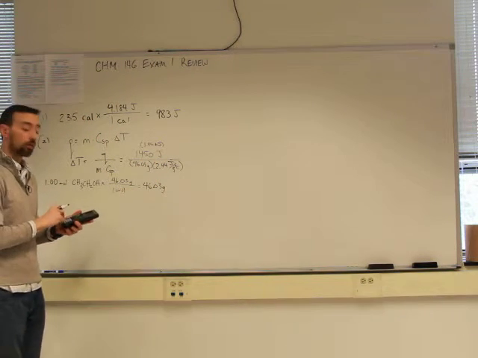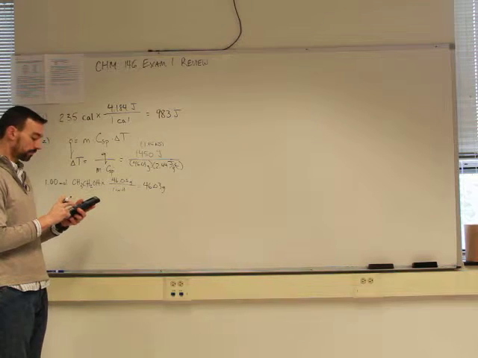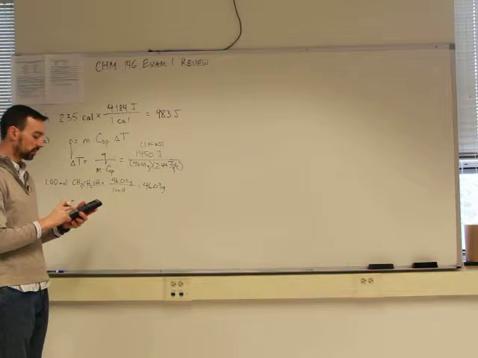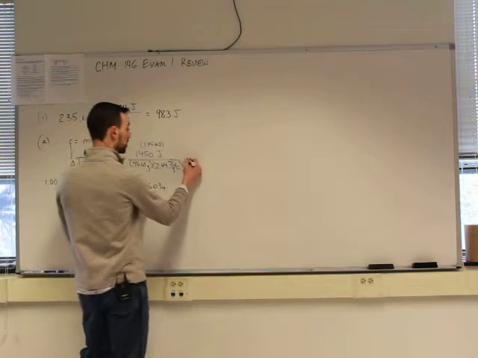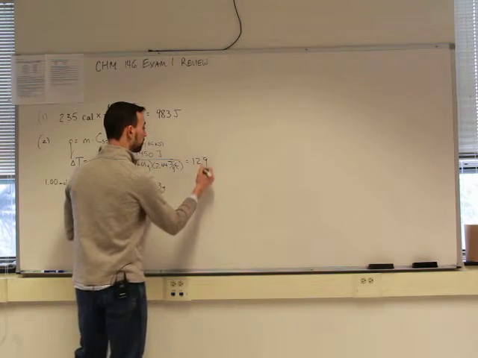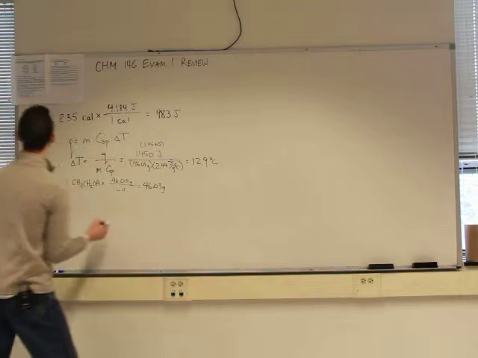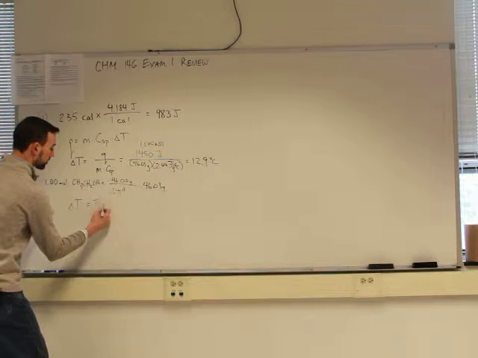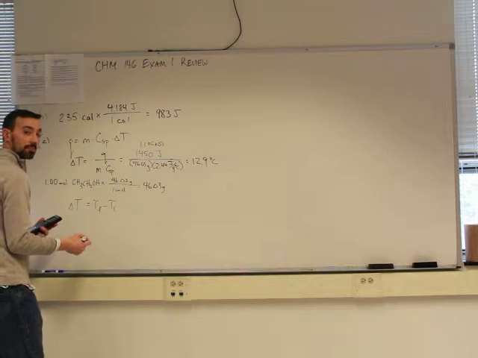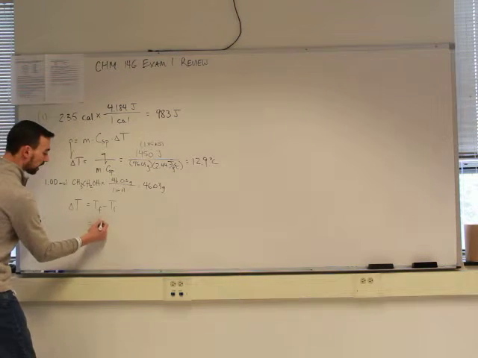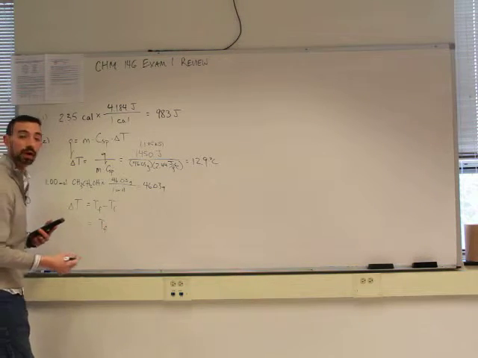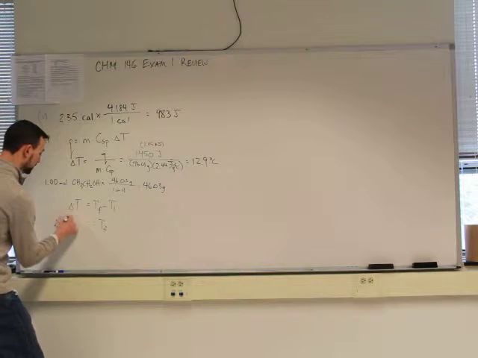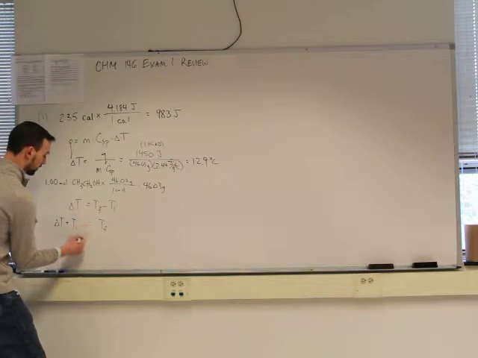So we'll take our 1,450 joules divided by both the 46.03 and the 2.44, and we come up with a change in temperature of 12.9 degrees Celsius. Now, our change in temperature, right, is our final temperature minus our initial temperature. So our final temperature, which is what we're asked, would simply be the delta T plus the initial temperature.